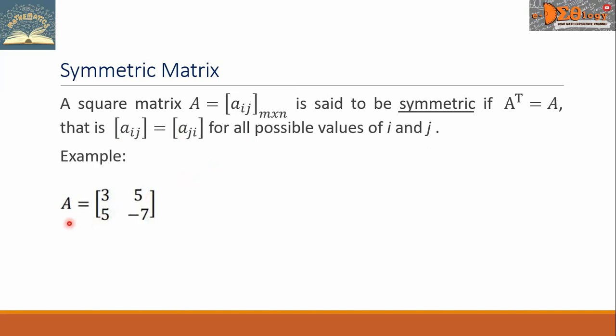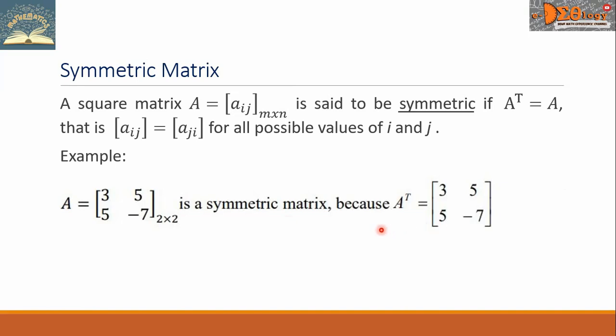Example, matrix A with elements 3, 5, 5, -7. This is a 2 by 2 matrix. This is a symmetric matrix because the A transpose is equal to this matrix. We can observe that the first row here becomes the first column of A transpose.